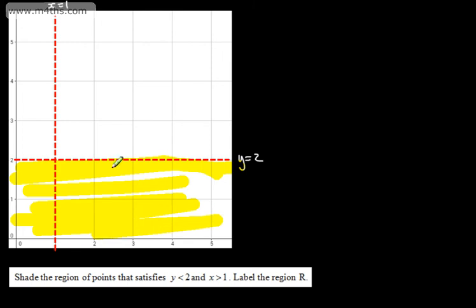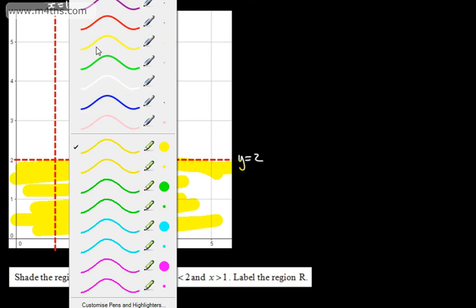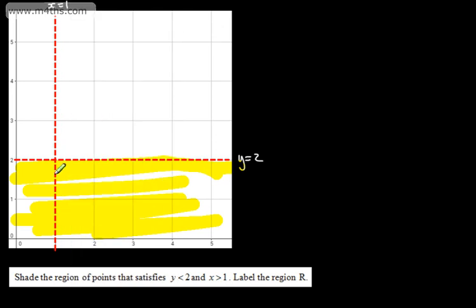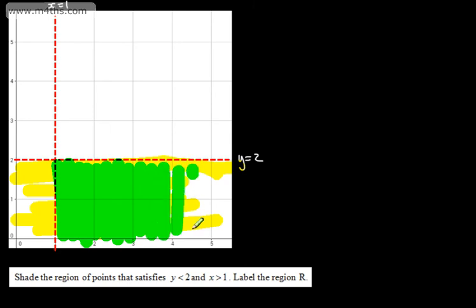And then I would have done it now that x is going to be greater than 1, which if we did this one right here, this is what we're going to get. So we're going to get all of this now. And what we would see on here is the region that we need is shaded by both. So we can see that we've got both the green and the yellow, and that's the part that we want. It's where both are satisfied.